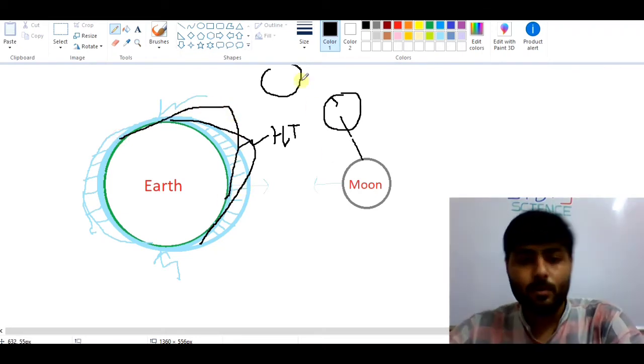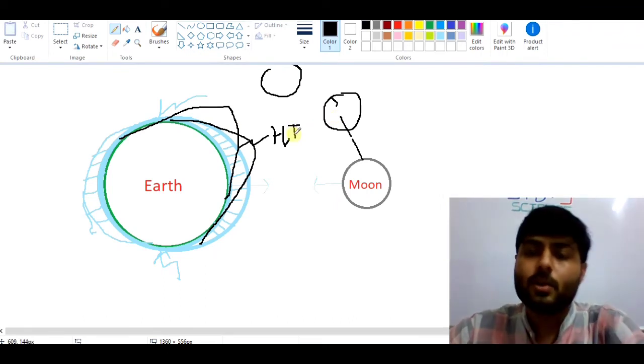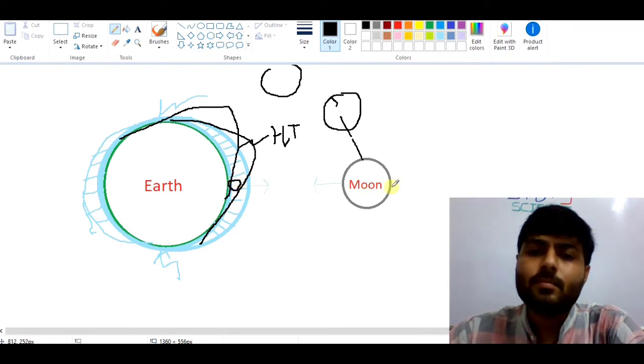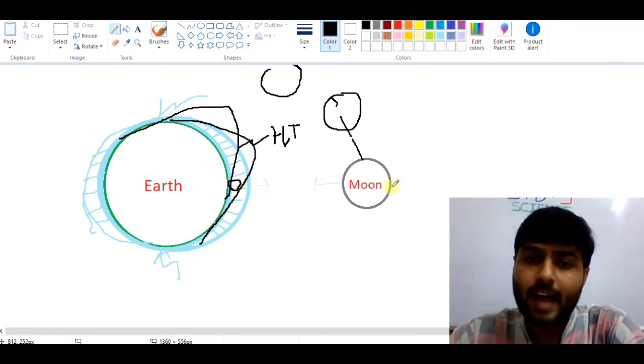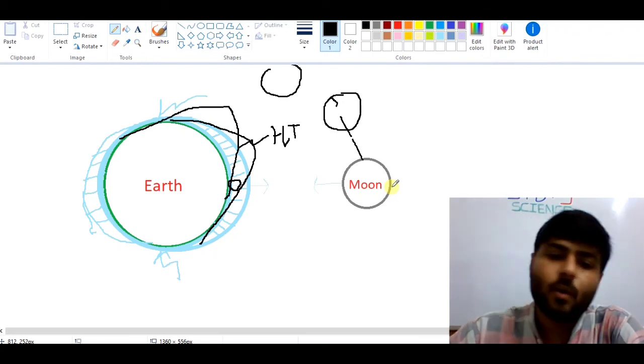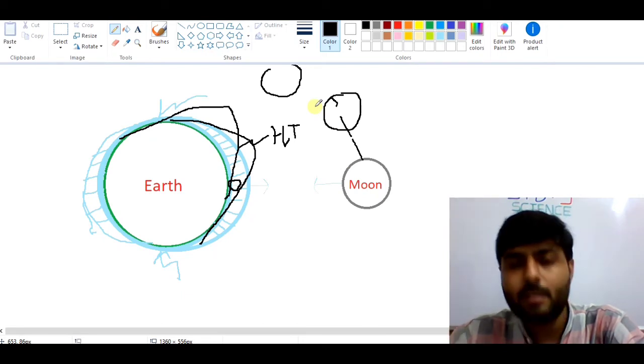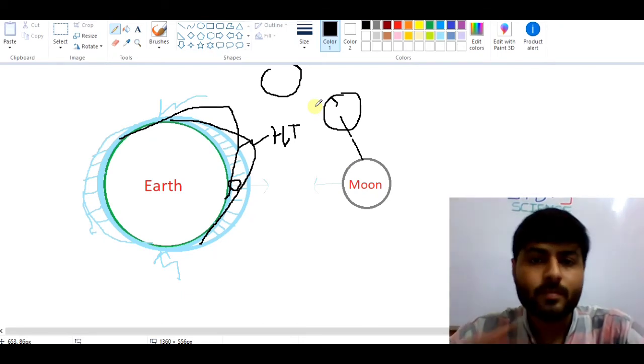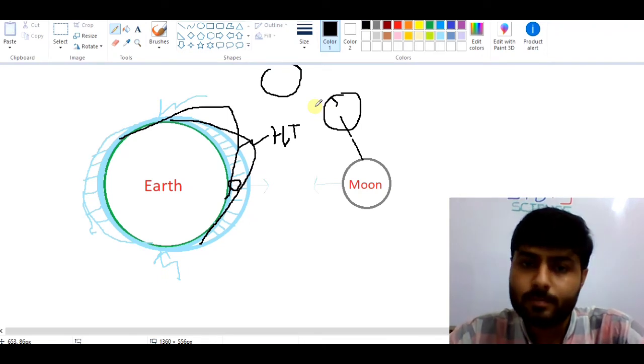So from this figure, you can understand that at this place, high tide and low tide do not come at the same time every day. There is a difference in time of high tide and low tide, because moon is changing its position with time.